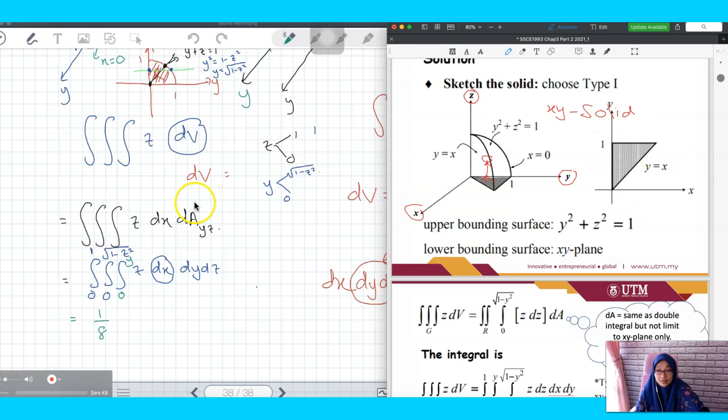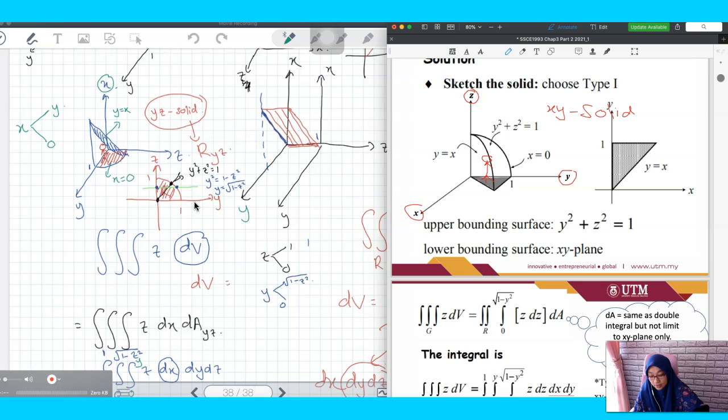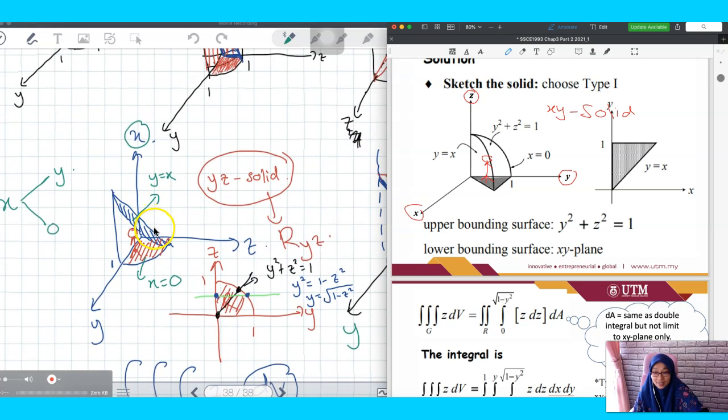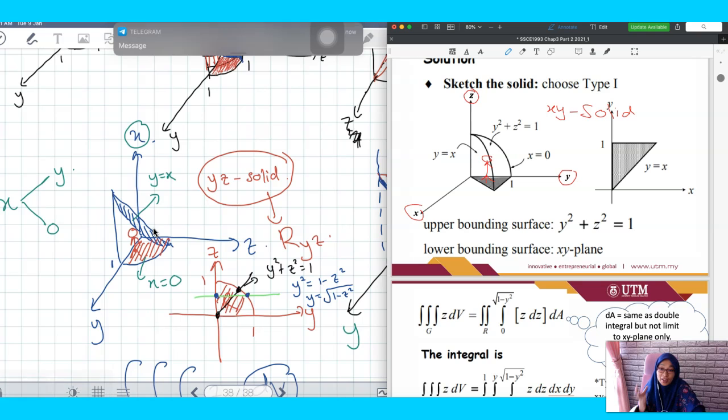You can see that your sketching is totally different, but we don't say that we have a different solid, we have a similar solid. It looks different because we have a different orientation.